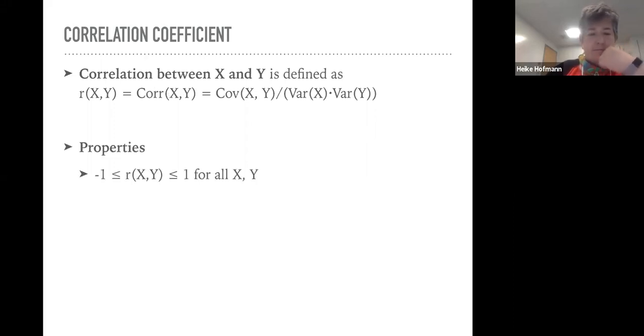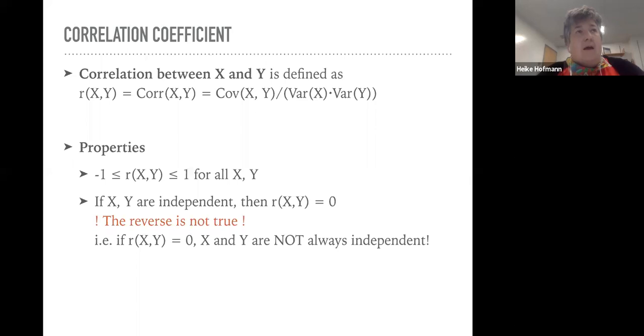And we have a couple of properties that we know about the correlation. Correlation is between -1 and 1 for all random variables. And if X and Y are independent, then the correlation is going to be 0.